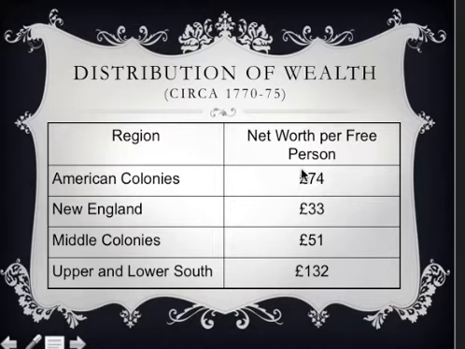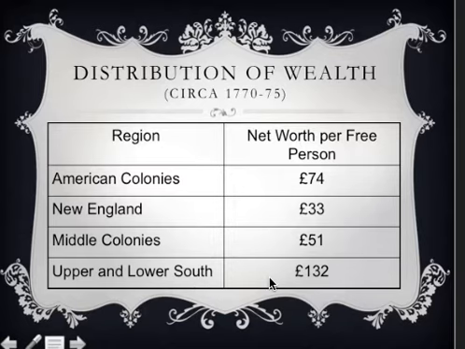So these are estimates. Well, let's take a look at how that gets distributed. Let's take a look at the upper and lower South. Almost twice the net worth per free person in the South than overall. And when we compare the South to New England, it's almost 4 times. So you can see a great concentration of wealth in the upper and lower South.